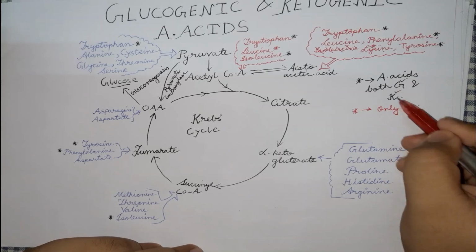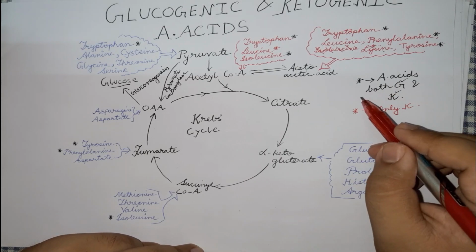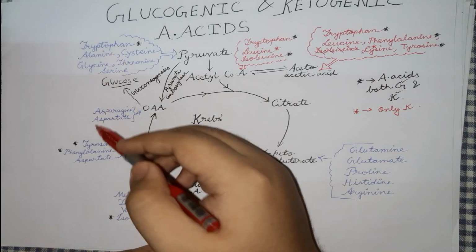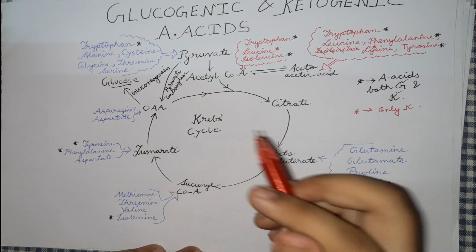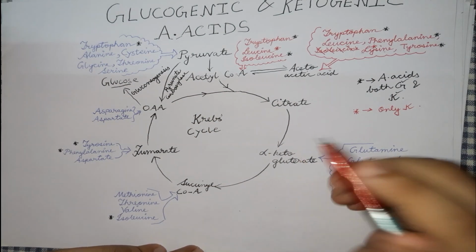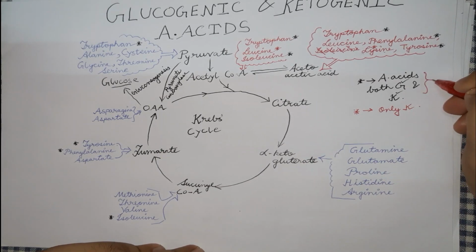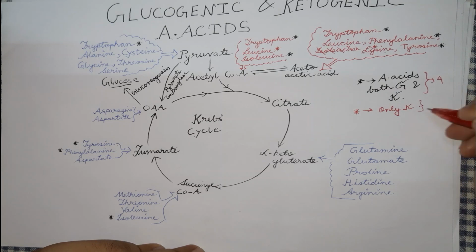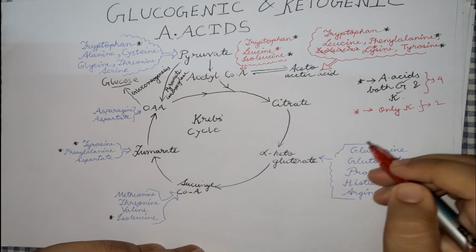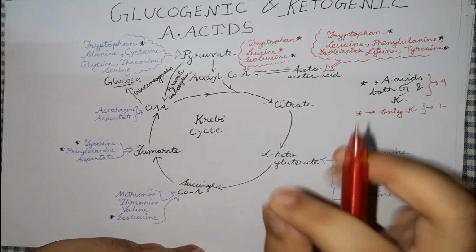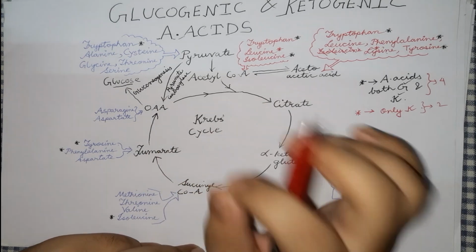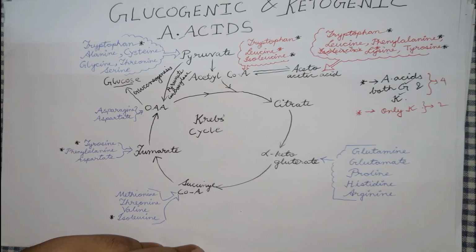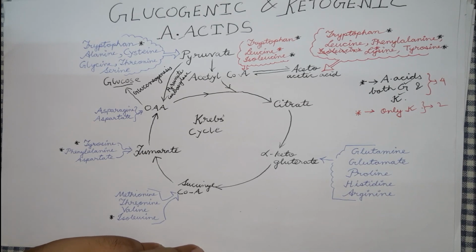They are not both glucogenic and ketogenic, right? Of the rest of the amino acids, we have 4 amino acids which are both glucogenic and ketogenic, and 2 which are only ketogenic. The rest of the 14 amino acids are only glucogenic, and obviously I have not marked them because 14 is a big number, so you can make that out.